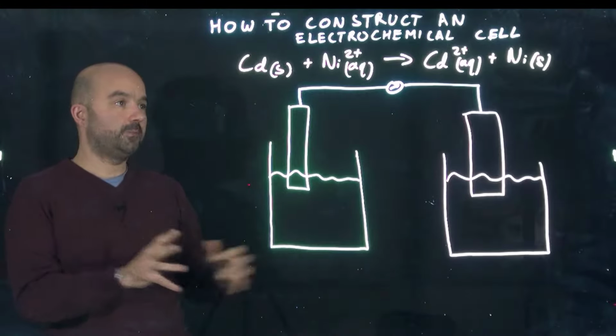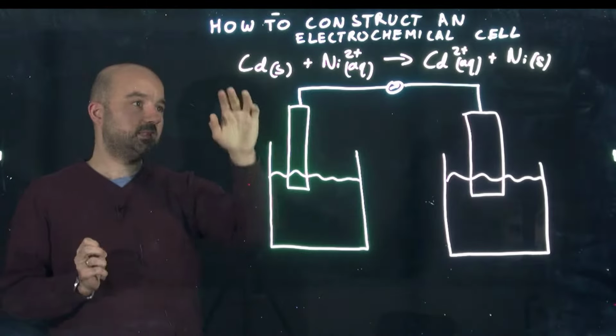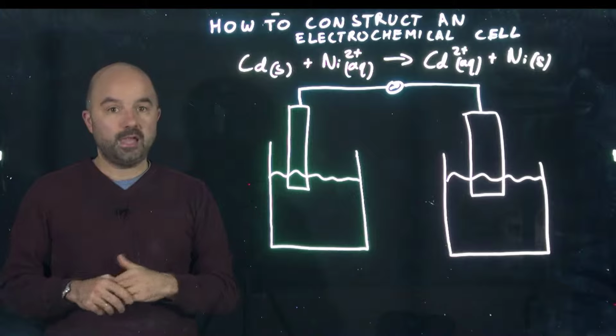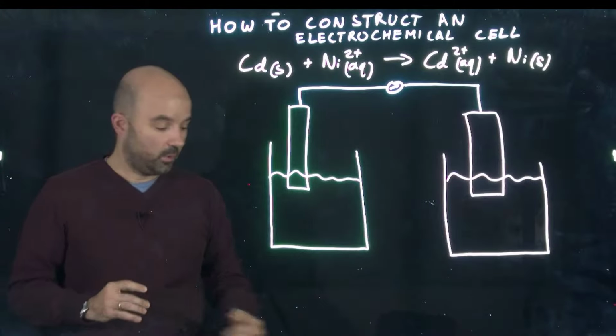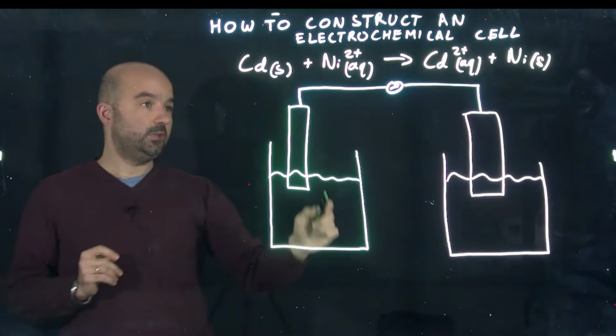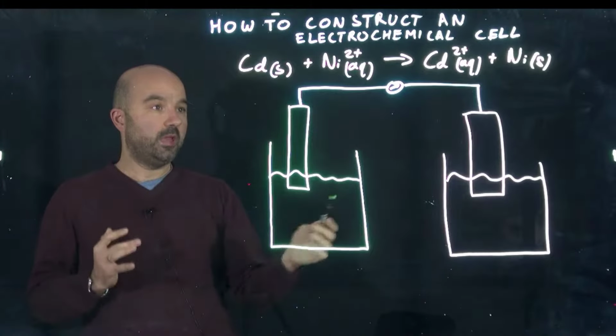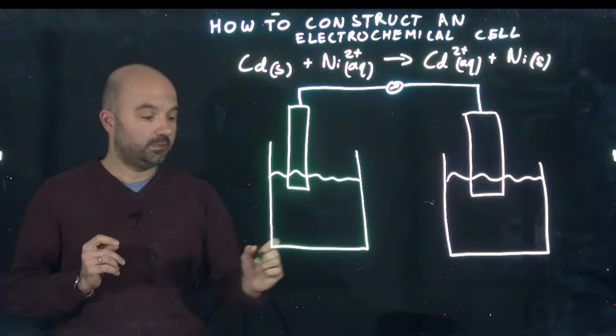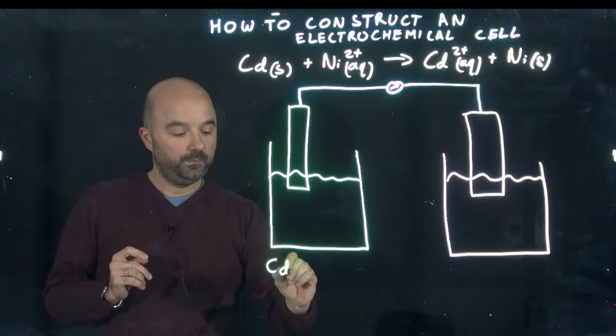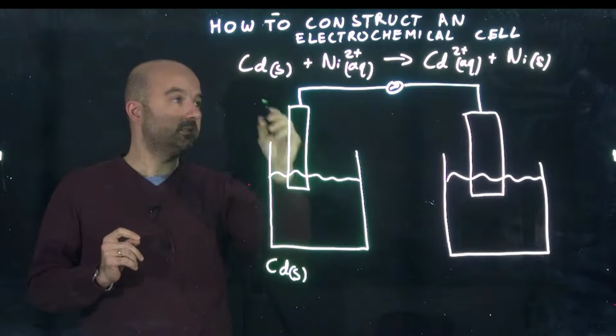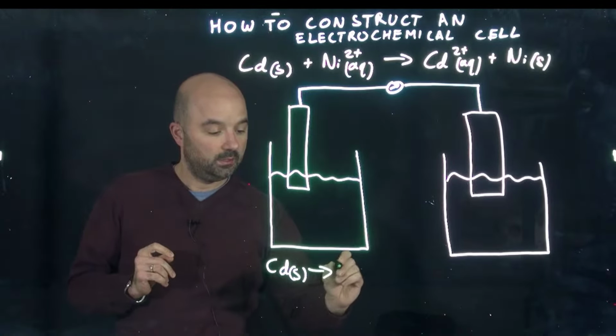Alright, so we've got our two parts, but how do we know what's going on in each part? Well, we need to split this full reaction into two half-cell equations. So let's pick a side. It doesn't really matter which, because we haven't assigned anything. Let's take the cadmium first. So cadmium, which is in the solid phase, is going to form cadmium 2+.